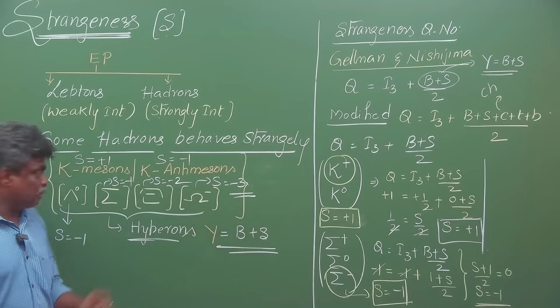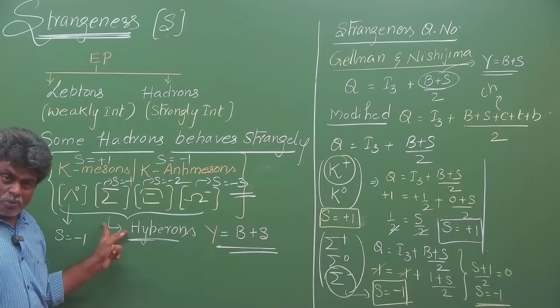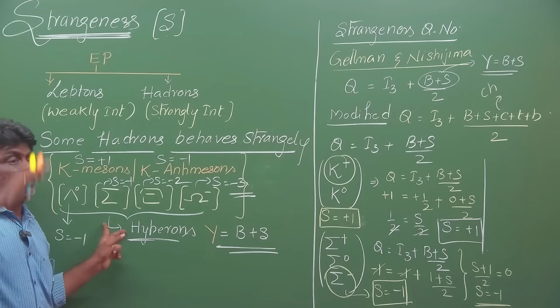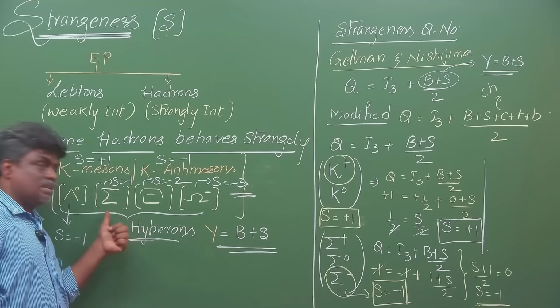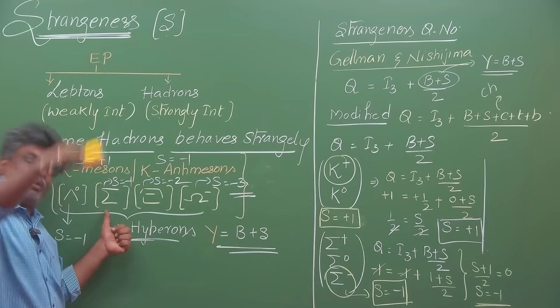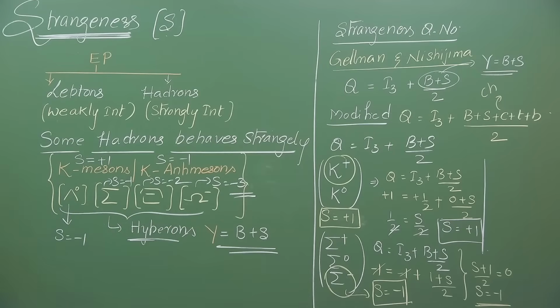Now you may have a doubt: is the sigma star group the same? Sigma star group is also the same. I told you each and every characteristic is the same except spin. That's why the strangeness is the same for the sigma star group and cascade star group.